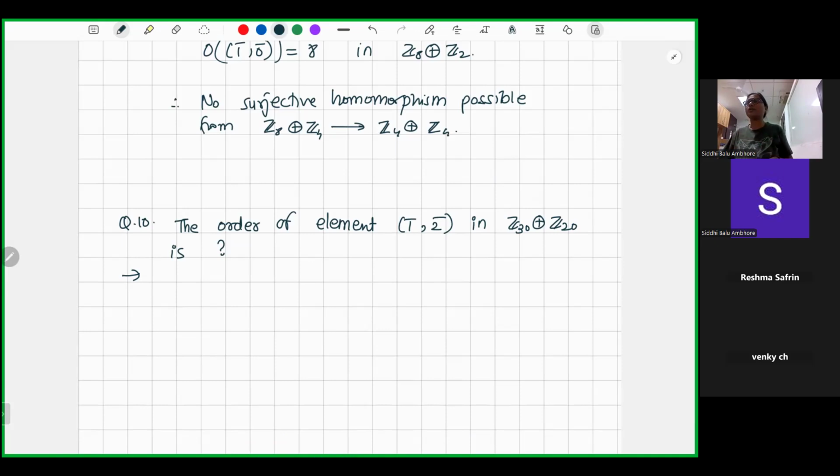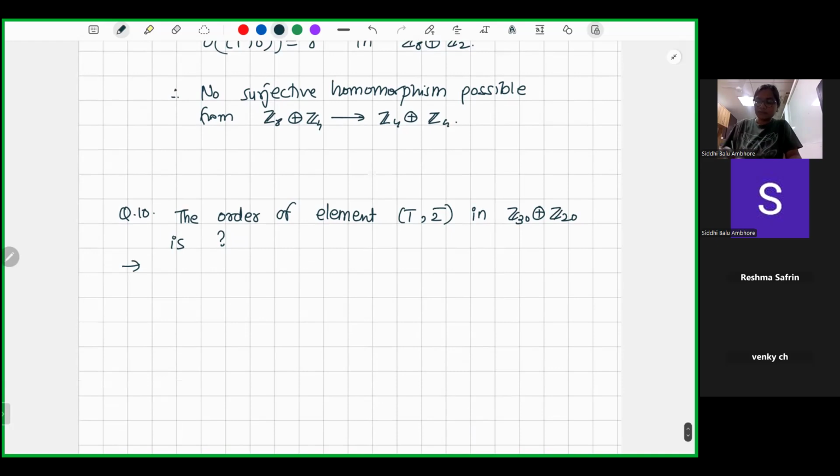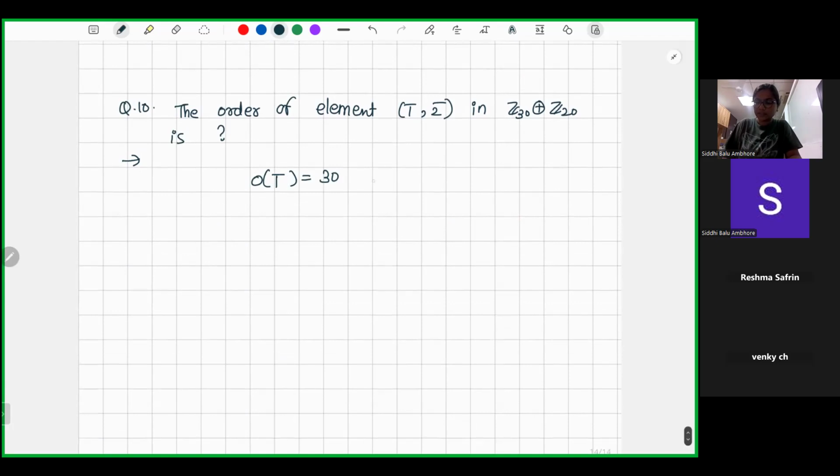We did one formula last time, right. Do you all remember what that is? If not, forget about the formula. What is the order of 1 bar in Z30? It is 30, right? The order of 1 bar is 30 in Z30.